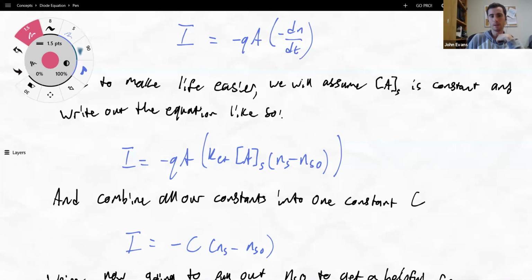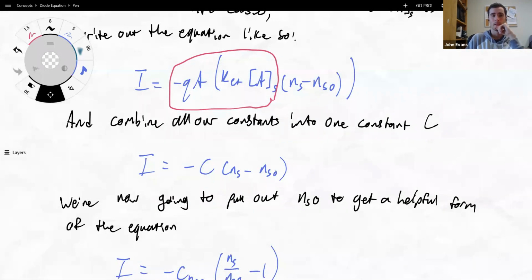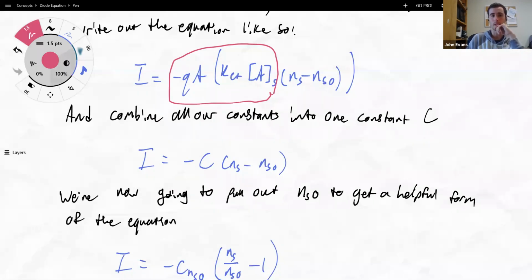Then we're going to combine all of this stuff, which is all just constants, and make a new constant. I'm going to call it C, because I don't want to write all this all the time. So we now have a new constant and a much simpler expression: the current is going to be equal to negative C, which is again equivalent to all of this stuff, multiplied by the difference between the current surface electron concentration and the equilibrium surface electron concentration.